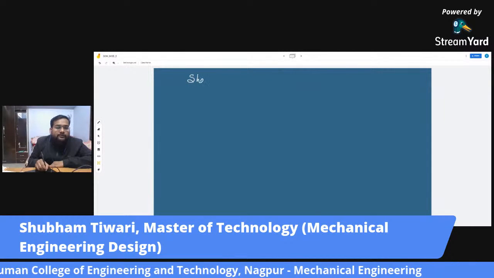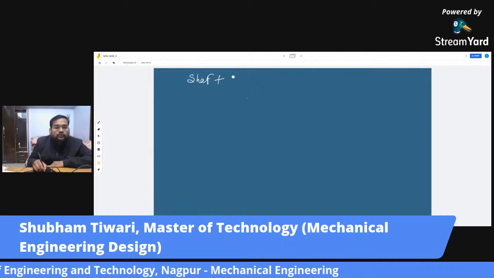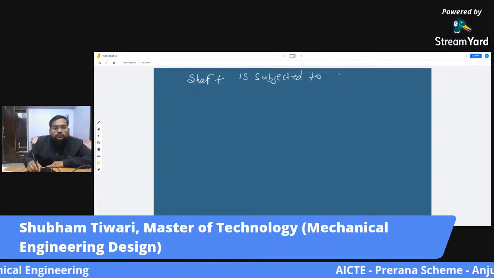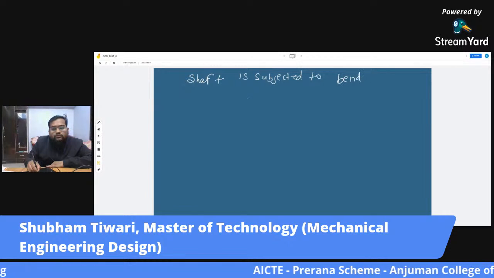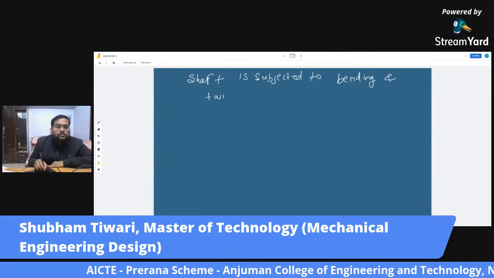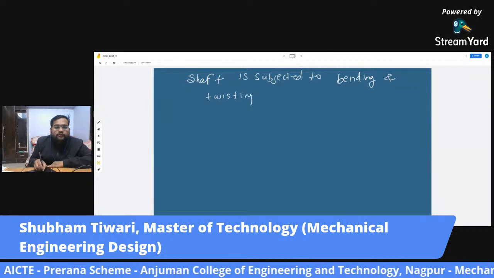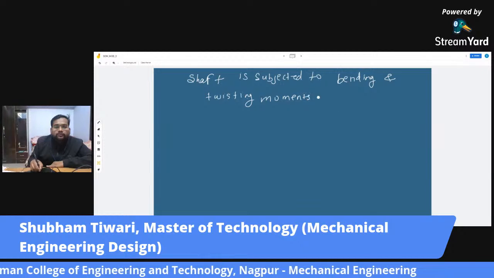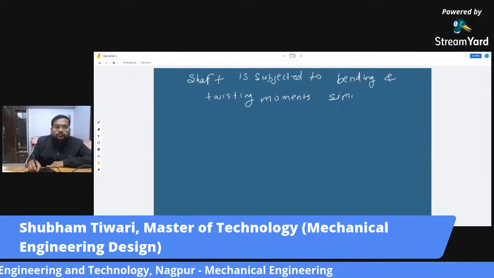The shaft is subjected to bending and twisting moments simultaneously.